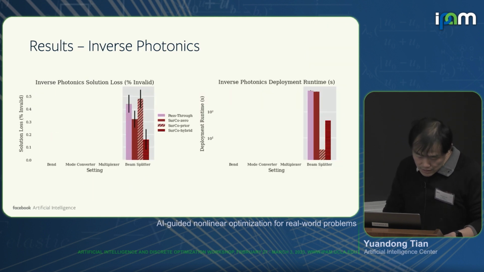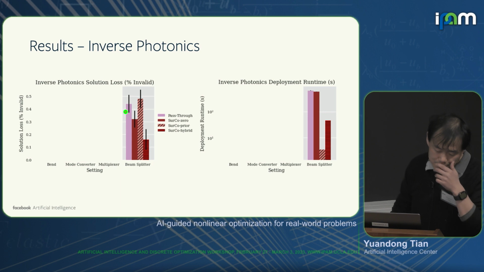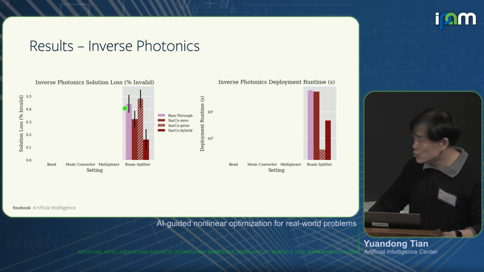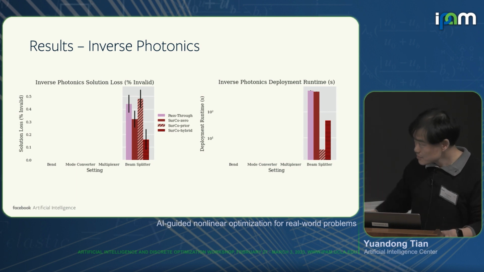Here are the results. The results show a similar trend. SurCo zero gives you reasonable performance, better than the existing state of the art. This is a pass-through gradient approach. It's also a gradient descent approach, but does not involve any combinatorial optimization component. It does gradient descent but projects the results onto the feasible region, intuitively, without using any existing solvers.